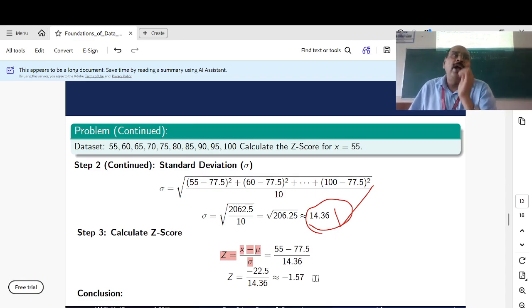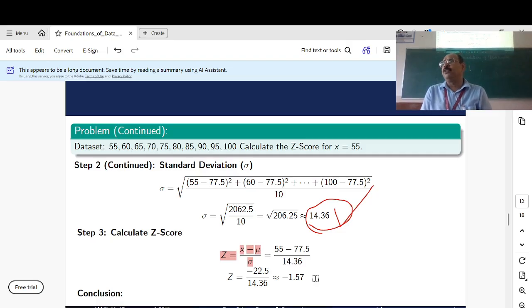Is there anybody in this class who did not understand how to find the Z score of a data set? You can please raise your hands. I will repeat it again till you understand. It's quite simple, right?